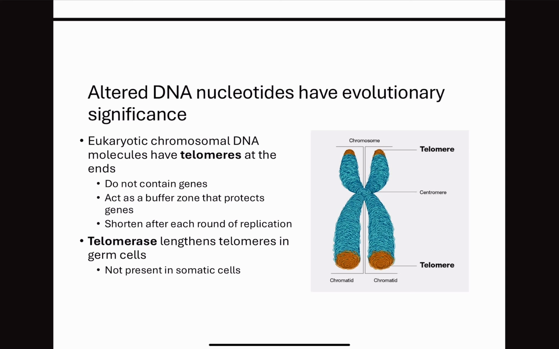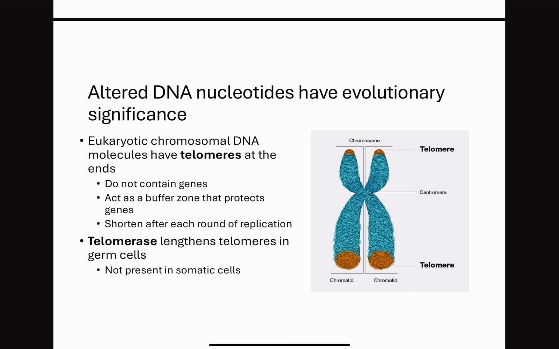And although the error rate is really low, rare mistakes such as mutations do slip through. Mutations have the ability to change the phenotype of an organism. If a mutation occurs in a germ cell, and remember germ cells give rise to gametes, those mutations can be passed on from generation to generation.